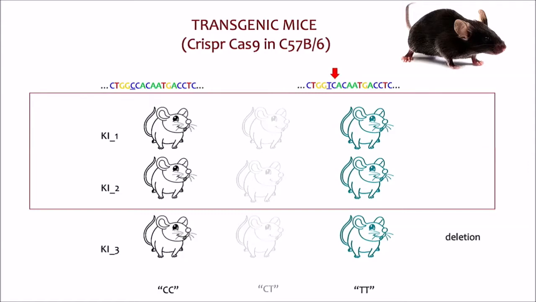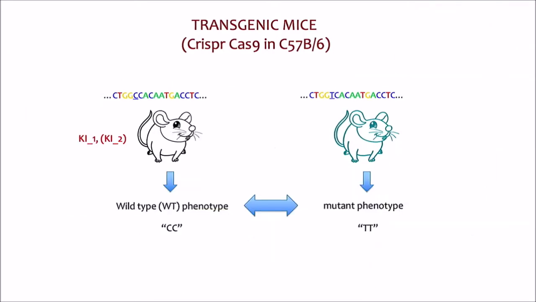Most of the stuff that I will be showing you is comparison between the homozygotes, and most is done in Ki1, in the first line. We confirmed at least the major effect also in Ki2 though. All right, so these are the 2. The mice that we took were C57 black.